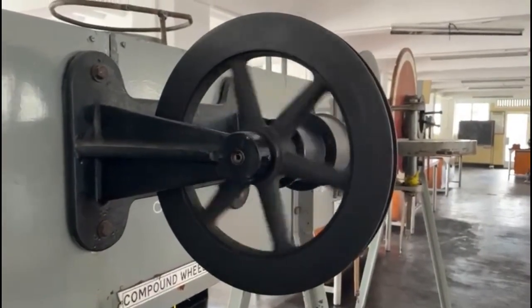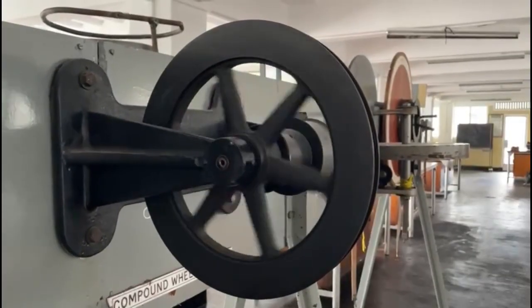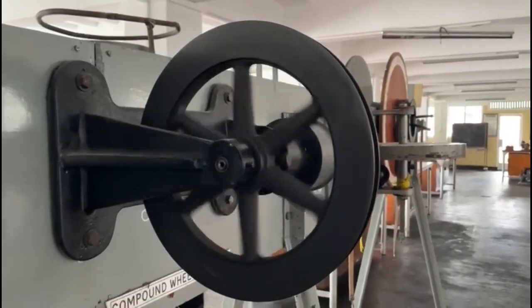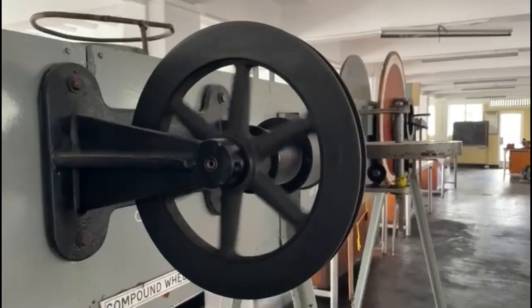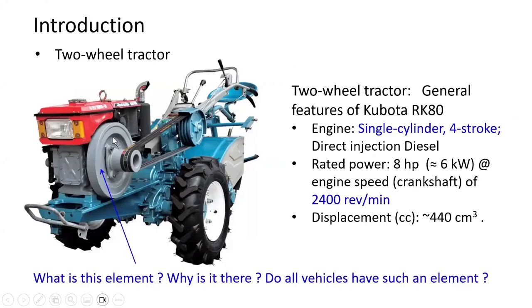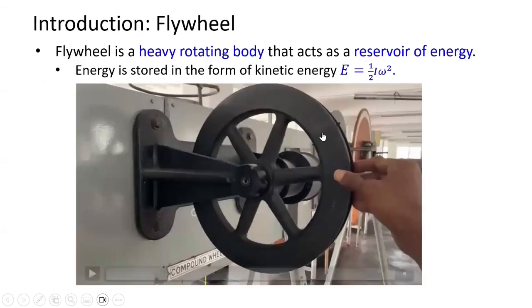So that is basically the storage of energy in the form of kinetic energy. Now, if you go back, this disk that we were talking about is a rotating body connected to the engine. So obviously, it should be able to store energy. So this can act as a reservoir of energy.